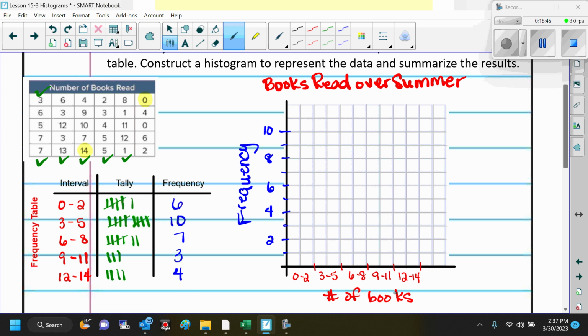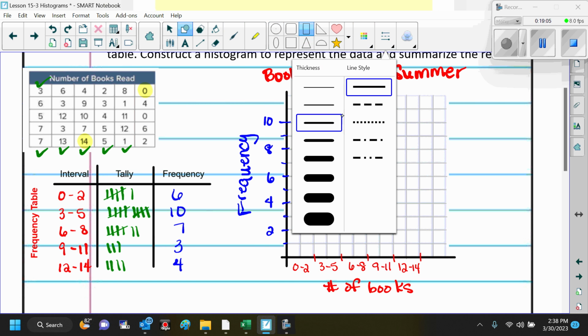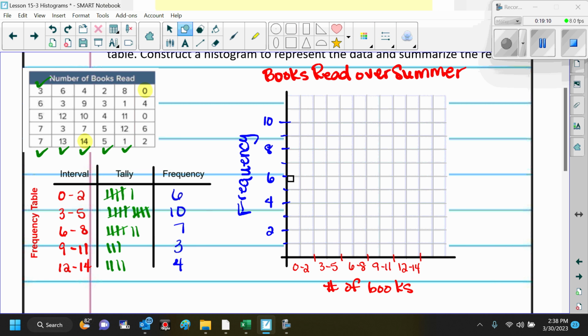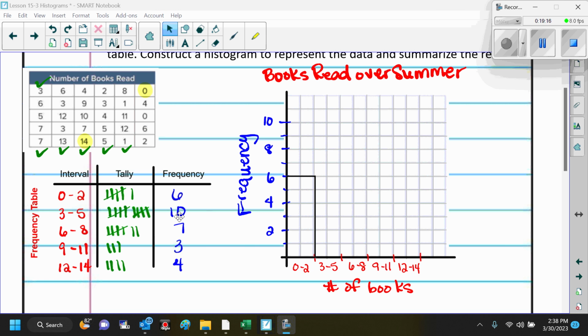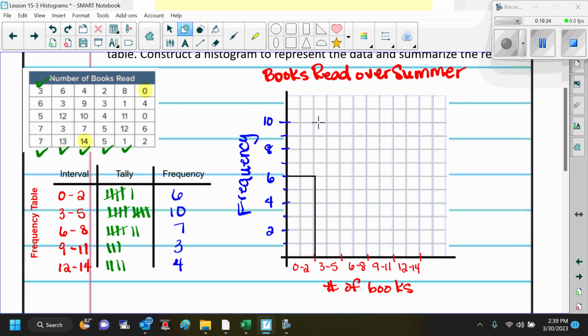So now we can go ahead and put the bars to show the frequency. So for 0 to 2, that was 6. So 6 students read 0 to 2 books. Okay, so here's 6, and there is 0 to 2 books. Then we have 10 students read 3 to 5 books.